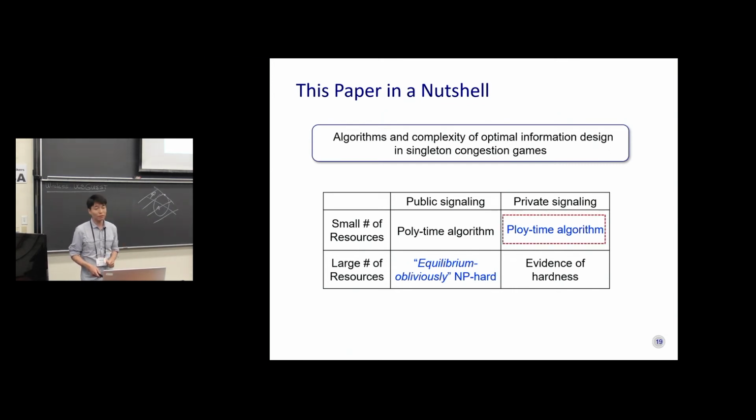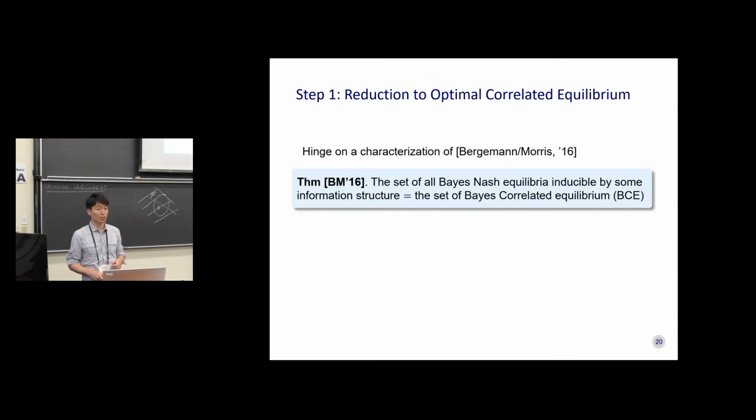So let's get to the first, the positive result about the polynomial time algorithm for optimal private signaling. There are roughly two steps to handle this. The first is reducing optimal private signaling to a problem called optimal correlated equilibria. This is due to a very nice characterization by Bergemann and Morris, who showed that the set of all the possible Bayes Nash equilibria that can be induced by a signaling scheme is exactly the set of Bayes correlated equilibria.